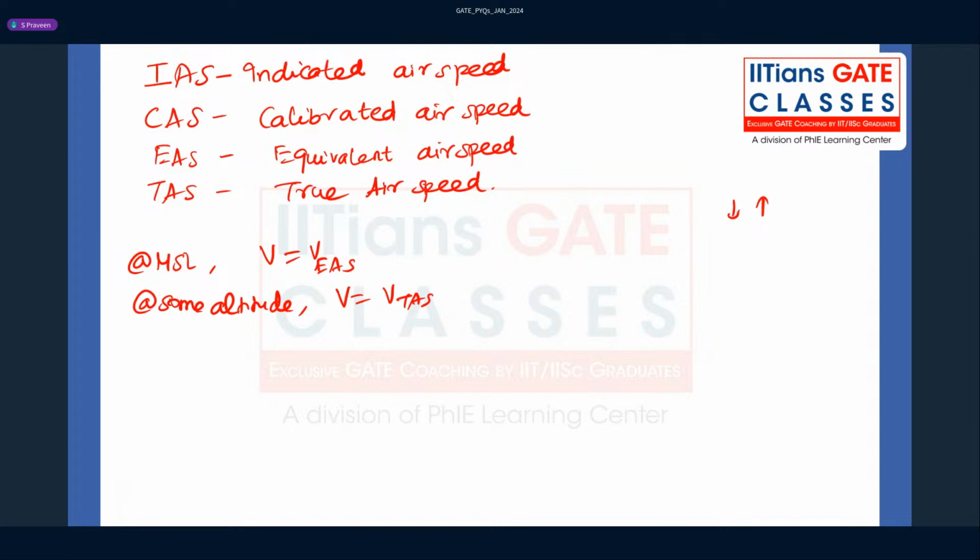That is, you can fly at a much higher velocity. So the dynamic pressure will be the same. At some altitude, half rho V_TAS square has to be equal to half rho naught V_EAS square. Mind you, rho naught is at mean sea level, rho is at some height h.